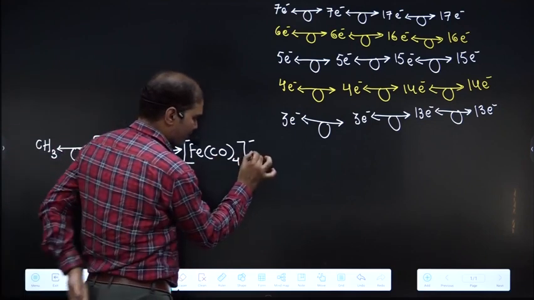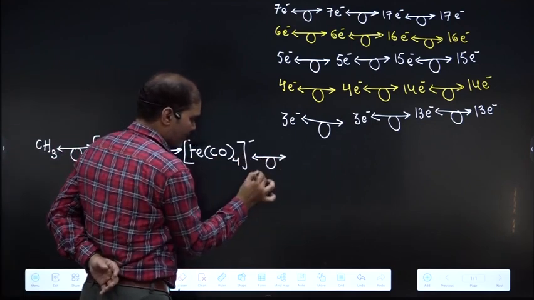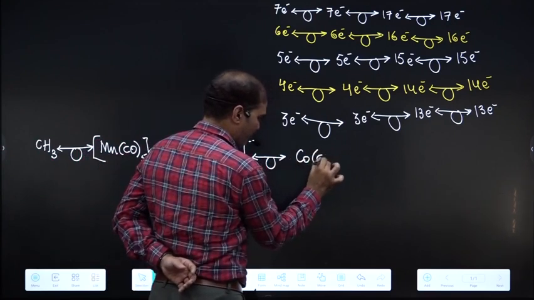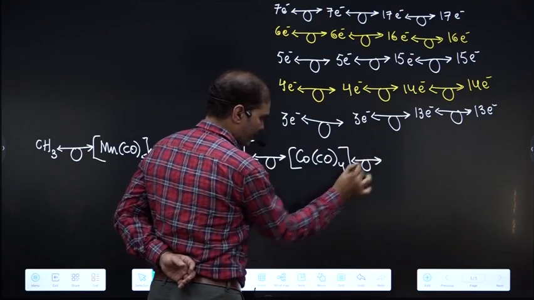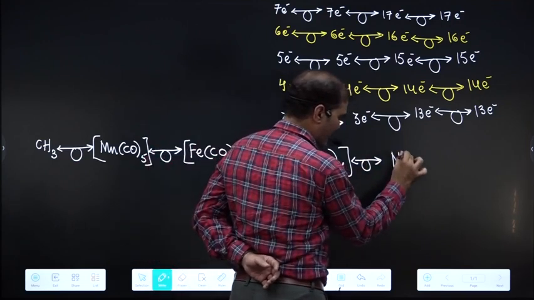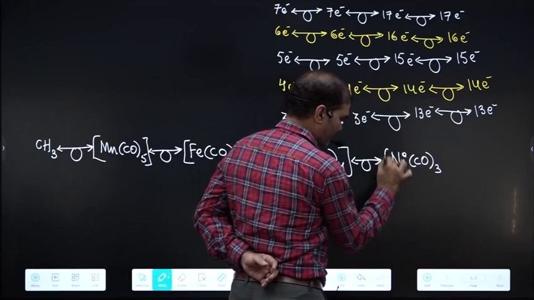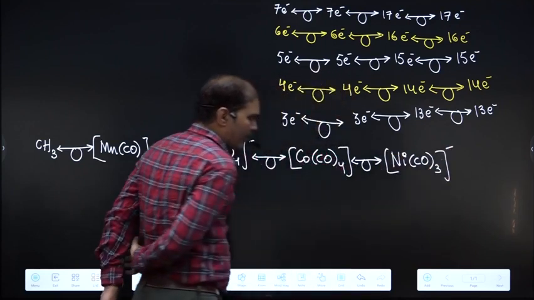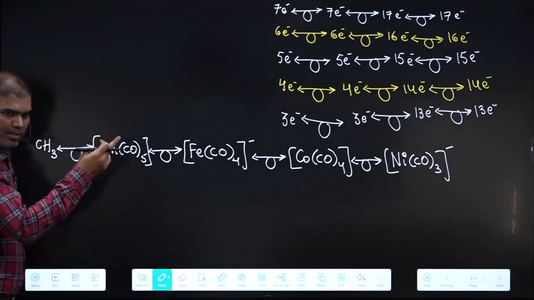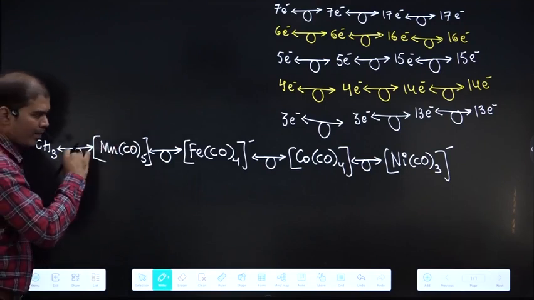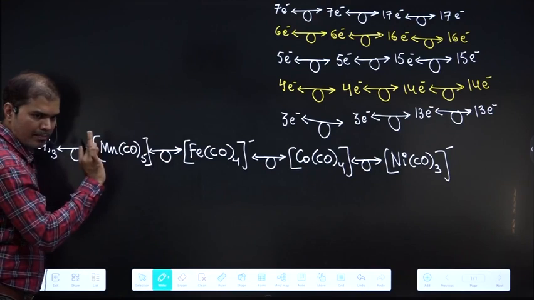Next, after iron, suppose I take cobalt, I'll take Co(CO)4. If I take nickel, I have to take Ni(CO)3 minus, because nickel is 10, 3 carbonyls is 16, 1 negative charge 17. All these are isolobal.